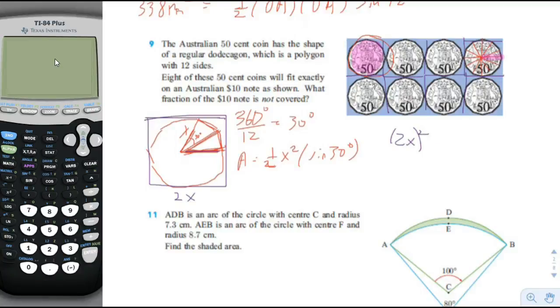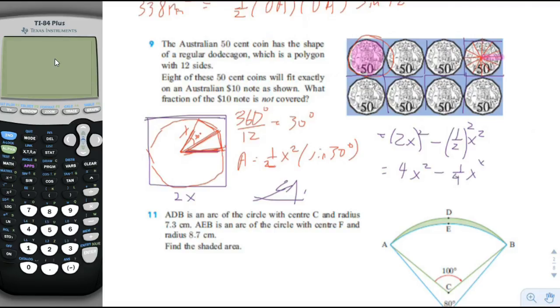And the area we're subtracting out is 1/2 x squared sine 30. And remember, sine of 30 is equal to 1/2. So this is actually 1/2 squared. And so basically we have 4x squared minus 1/4 x squared.